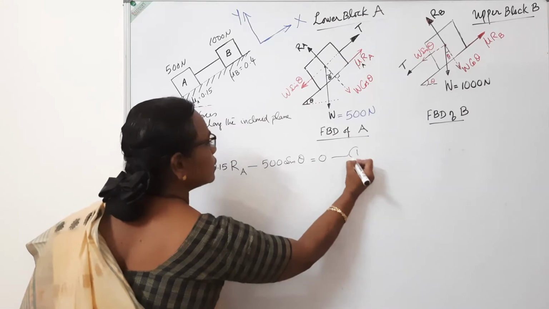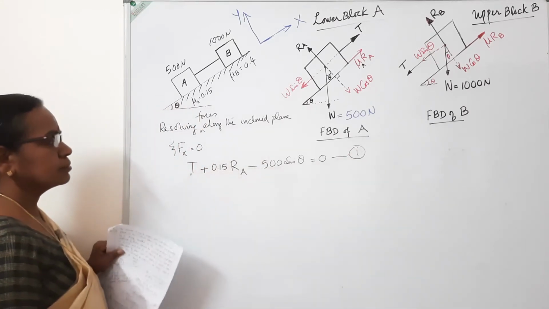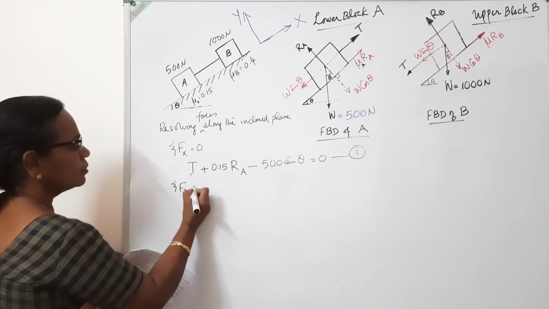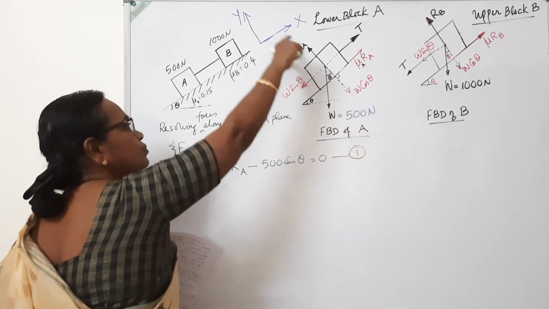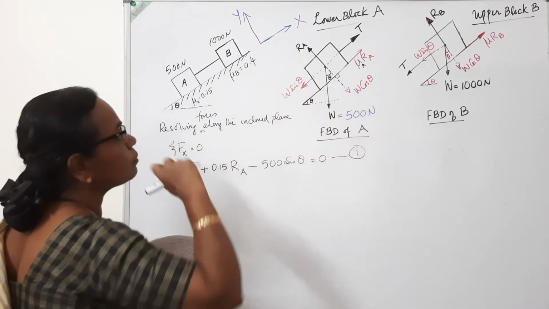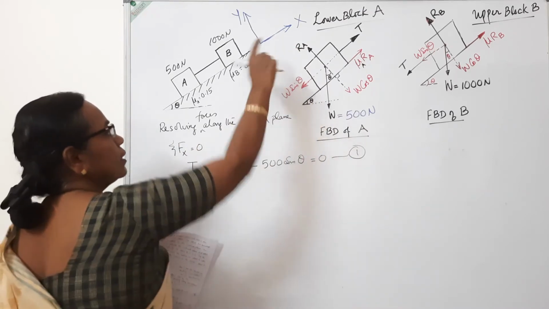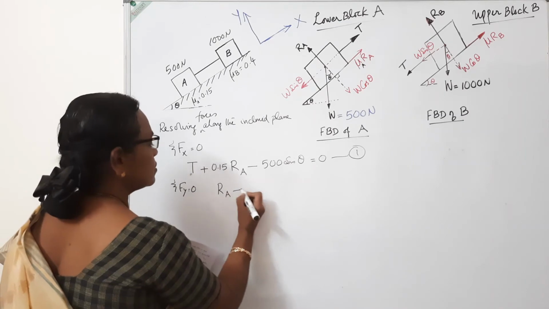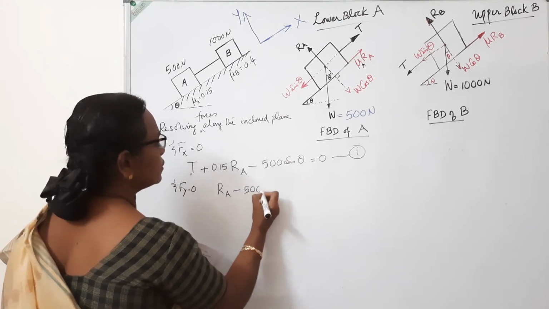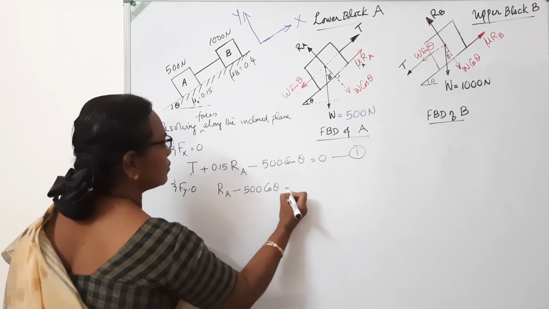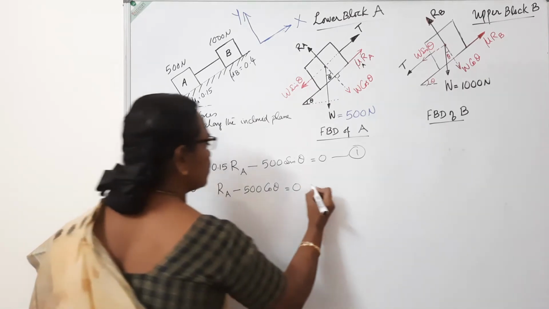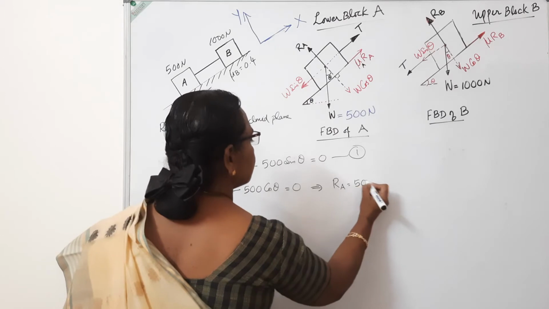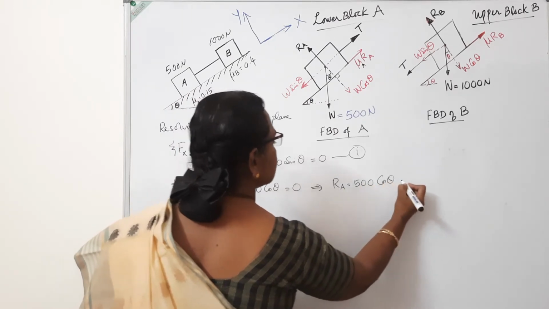That is one equation. Now considering sigma Fy is equal to 0, resolving the forces normal to the plane, RA minus 500 cos theta, W cos theta, is equal to 0. So from this I will get RA is equal to 500 cos theta.